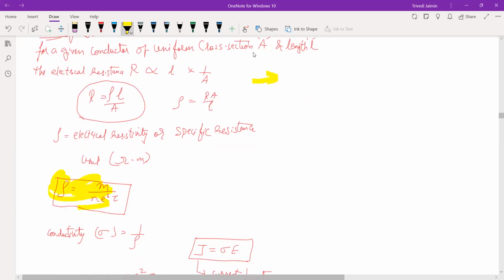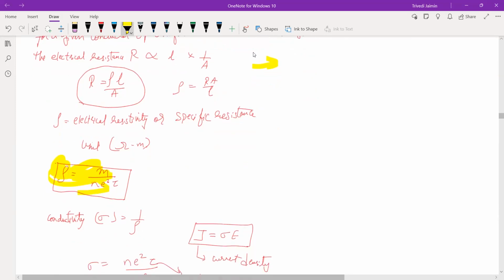Rho equals m by n e square tau, where tau is your relaxation time.